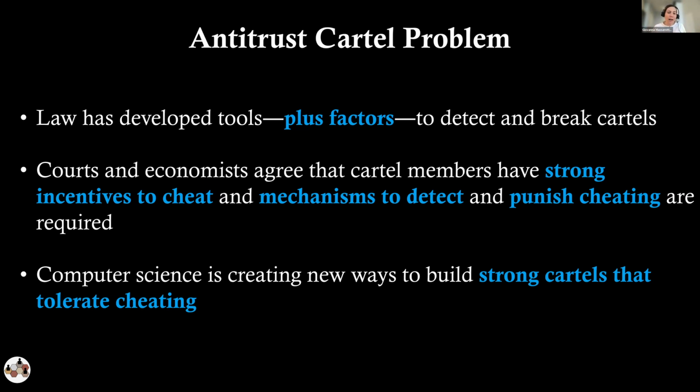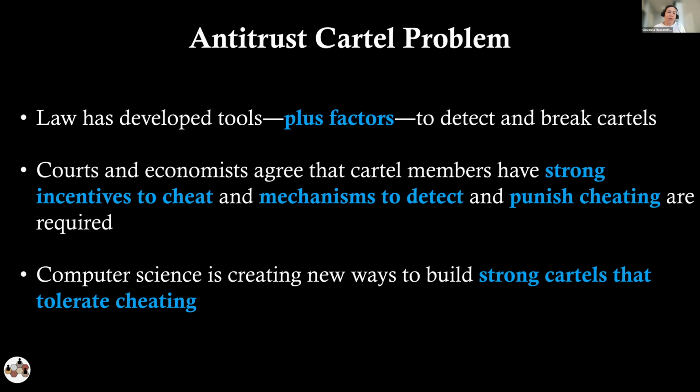How? Courts developed some plus factors, elements that, if they are present, show evidence of what is called a tacit agreement. And these plus factors are based on legal and economic assessments.